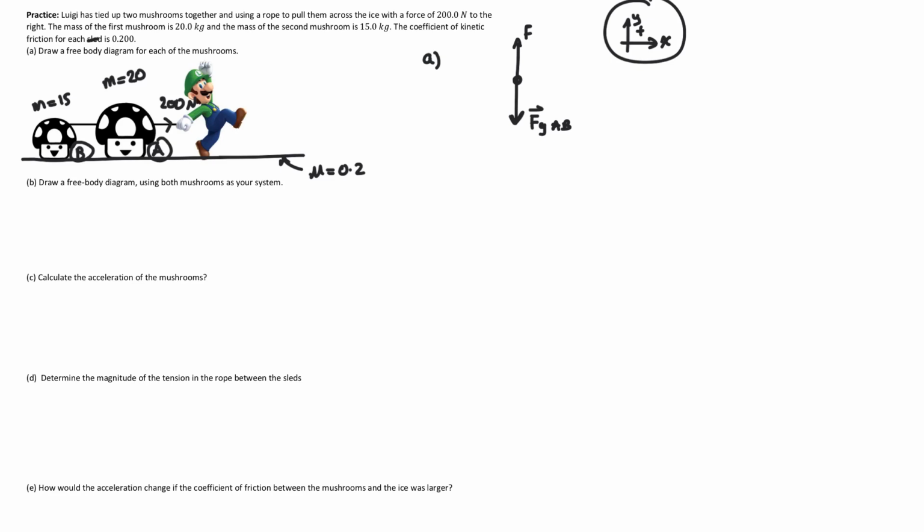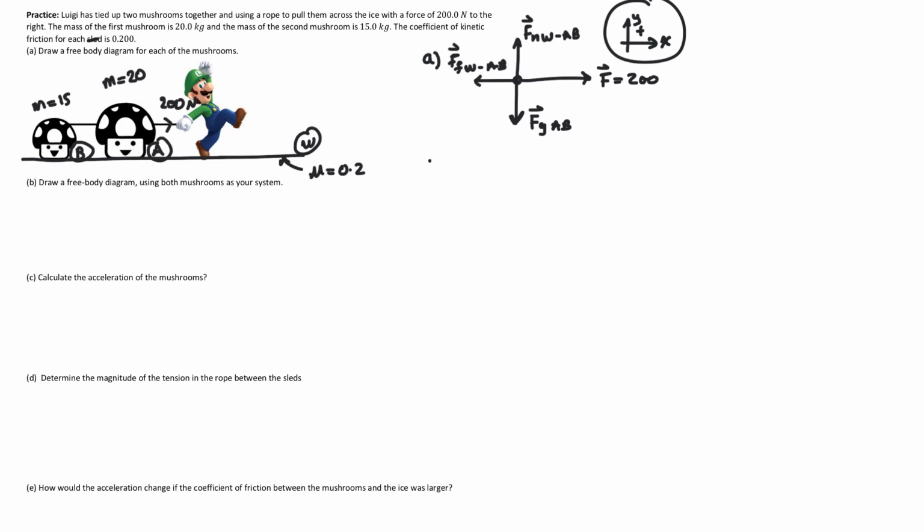So that's the normal force acting from, let's call our surface here W, and that's W to A and B. Okay, good. And there's going to be force of friction acting from surface W onto A and B. And there is going to be a force from Luigi, and that force is going to equal 200 newtons. And this is my force diagram here.